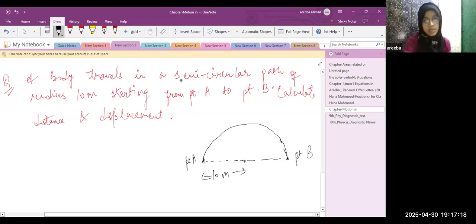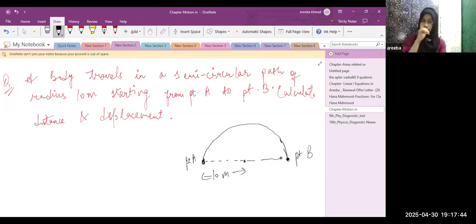Now a body travels in a semicircular path of radius 10 meter, starting from point A to point B. That means my body has started from here, then it is going till here. What will be the distance? How will I calculate the distance? Calculating the circumference. Exactly. What is the circumference of a semicircle?